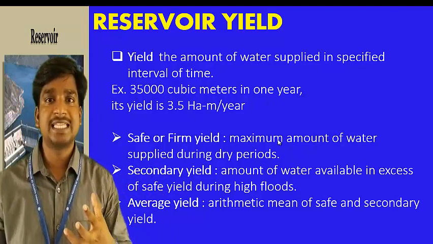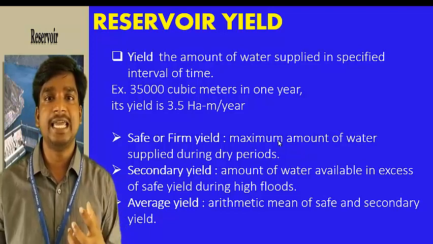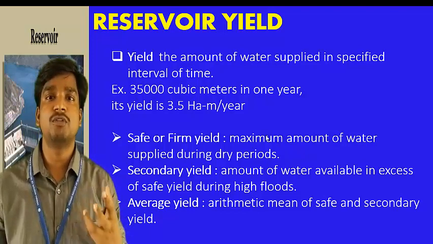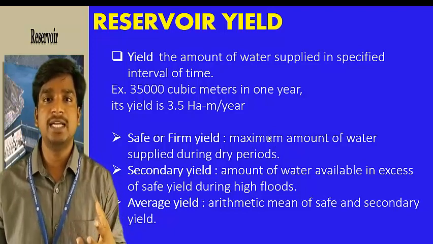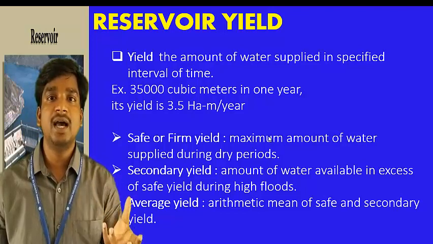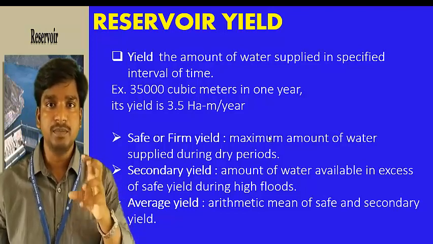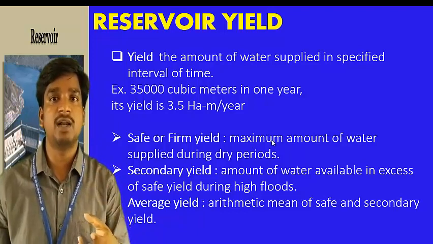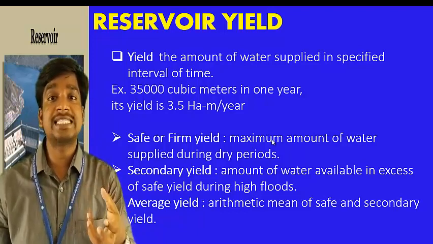Now the second category is secondary yield. Secondary yield is nothing but the maximum amount of water which is available during heavy floods. Means secondary yield is the excess amount of water available over the safe yield.